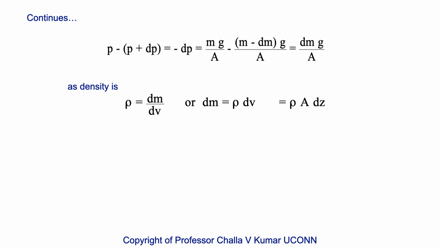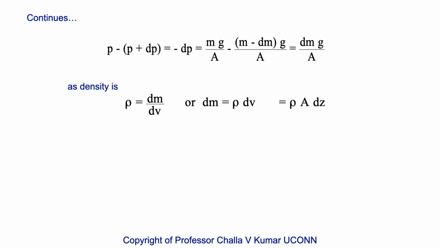Rho is the symbol for density. dm over dV is the rate of change of mass with respect to volume, right? So mass per unit volume. Or we can write dm as equal to rho times dV. Now dV is equal to the cross-sectional area multiplied by dz. So now we have related dm to dz. A small change in the mass is related to a small change in the height.